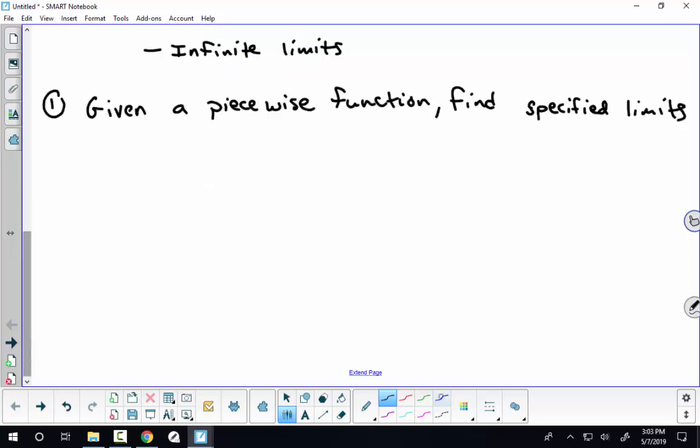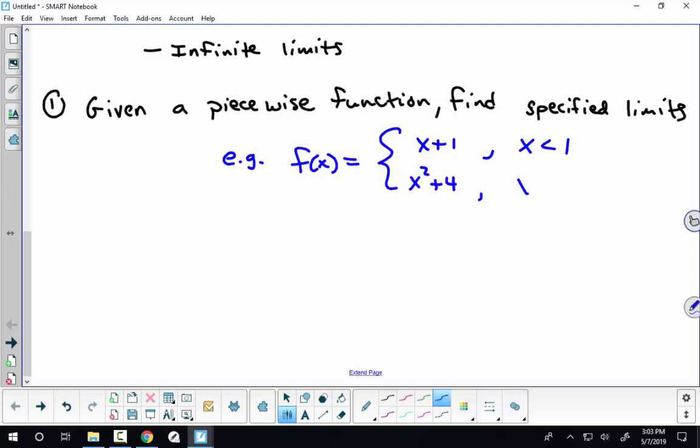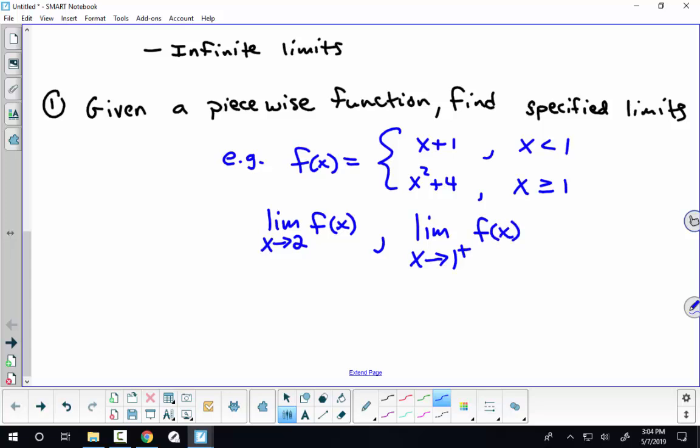Just for reference, for example, if you were given f of x equals x plus 1 for x less than 1, and x squared plus 4 for x larger than or equal to 1, evaluate certain limits on something like that. So that was an exam 1 question.